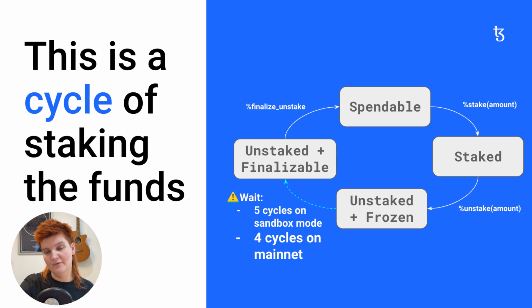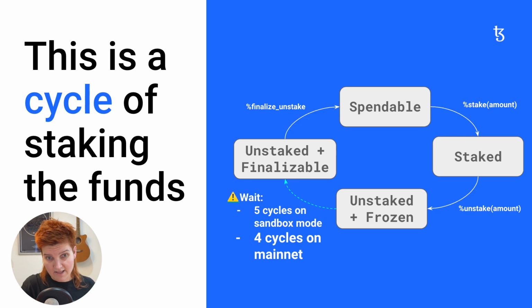So if we look at the chart here, how the staking operations change the state of Tez involved into staking process. First of all, at the top, we have the spendable funds, and obviously they are liquid. Next thing, the staked Tez are frozen and they are accounted for staking rights computation, and we need to bear in mind that they are slashable.